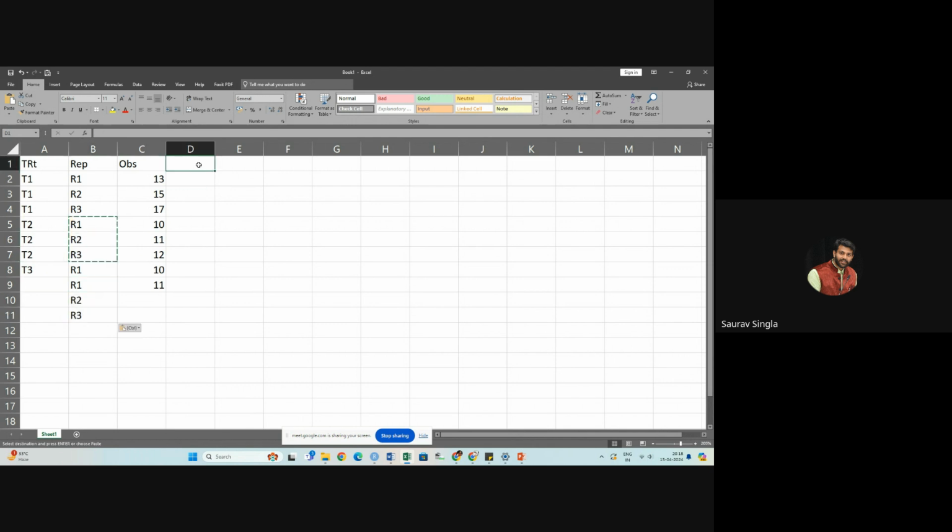Once you have entered for one observation, you can similarly enter here for second observation, third observation. No need to write these columns again and again. This you only need to write once.